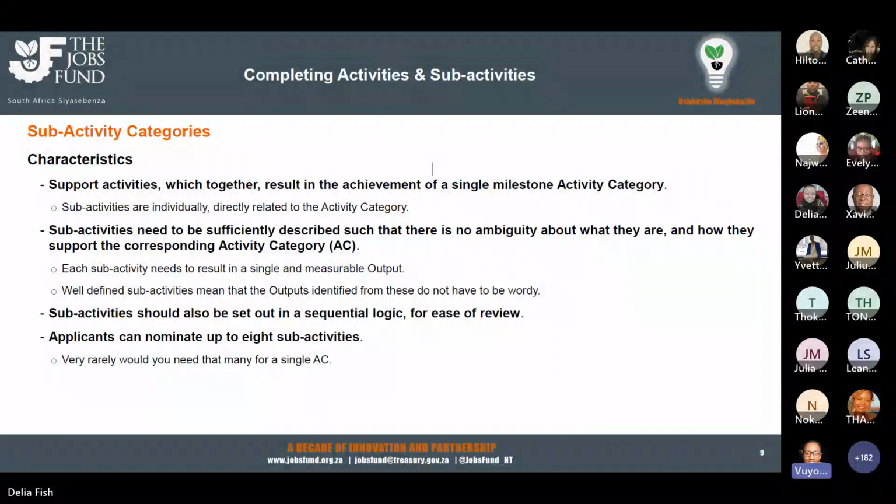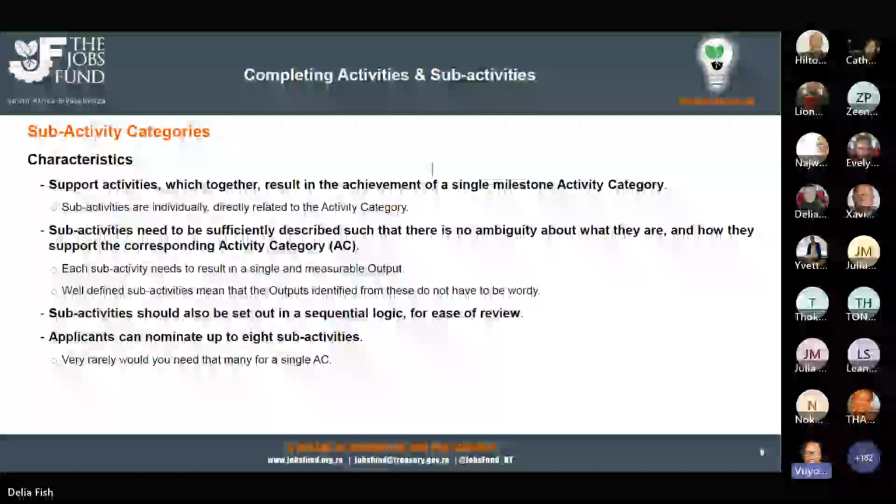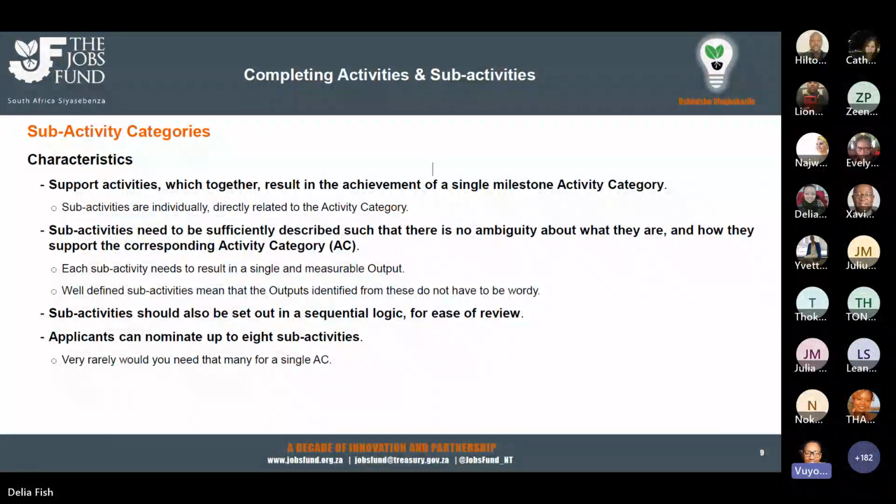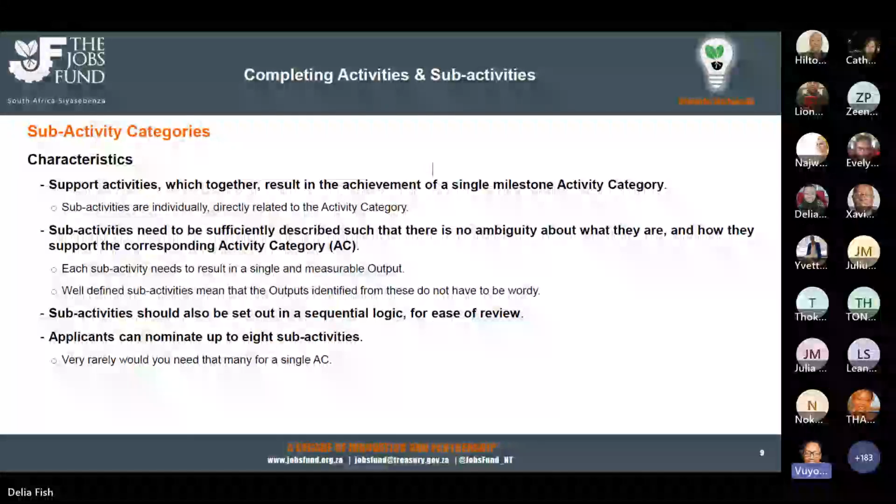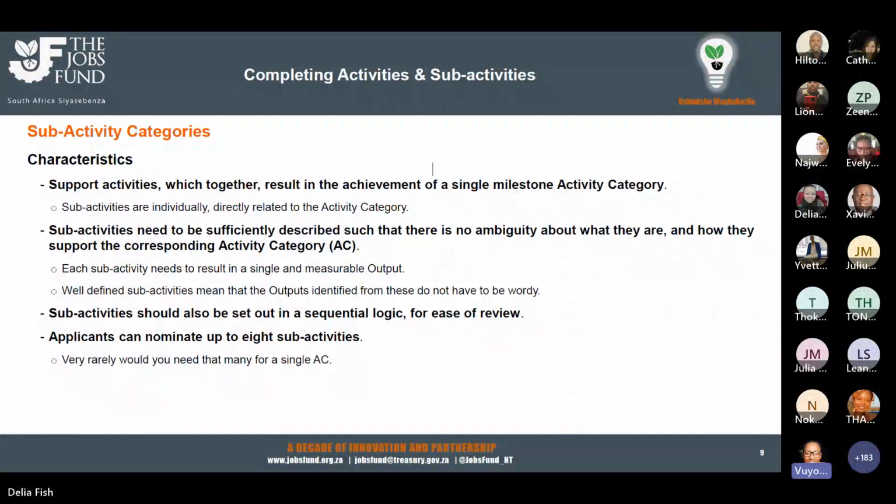And sub-activities also need to be clearly defined in the ABC PIMP. There shouldn't be any ambiguity about what they are and how they support that specific activity category. All sub-activities must relate to the activity category and must objectively be in support of that activity category.